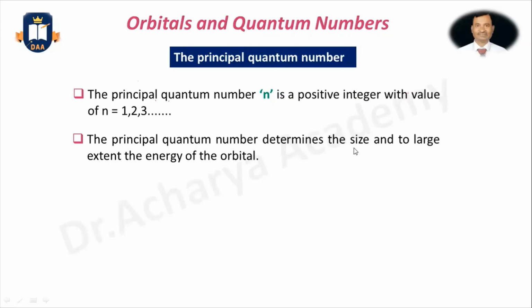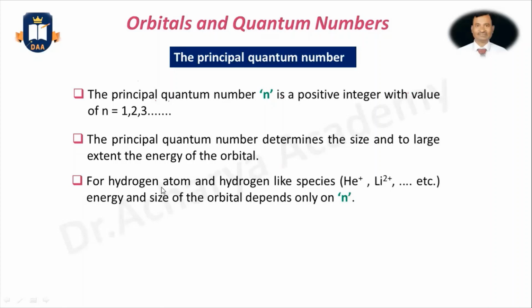I already discussed that the principal quantum number determines the size of the orbital, and to a large extent, we can say the energy of the orbital. That means the principal quantum number is for the size and energy of a particular orbital.